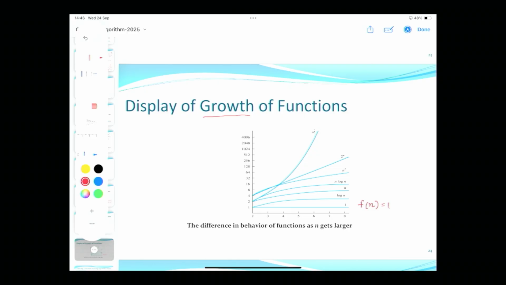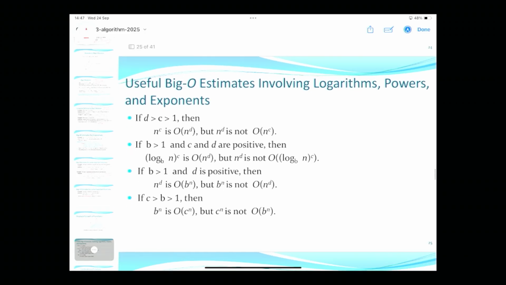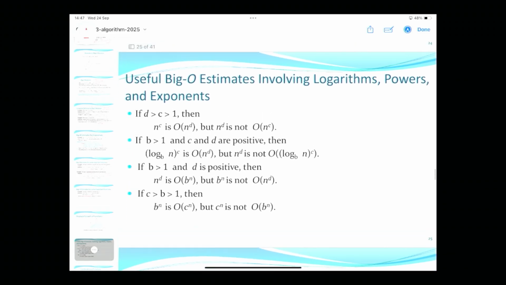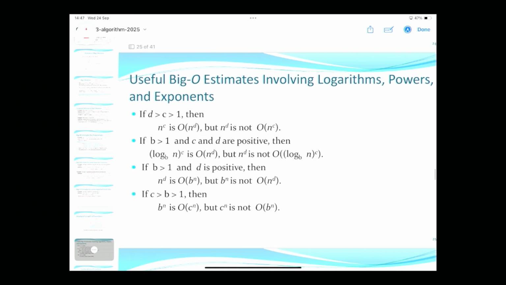This one, n factorial, has very high growth, and if we have n to the power of n, that could be something like here, even more. I'll skip some detail here because it's quite obvious, and you can also look at this later by yourself.